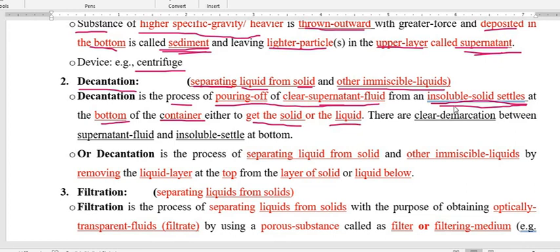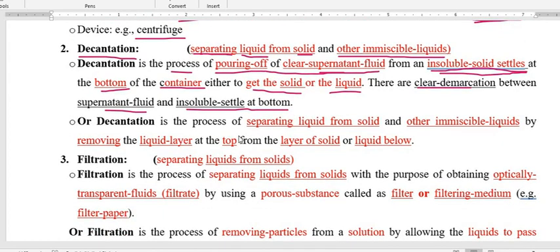That means the supernatant gets out and the solid still at the bottom gets separated. There is a clear-cut demarcation between the supernatant fluid and the insoluble solid that usually settles at the bottom. So again, I am repeating the same term.